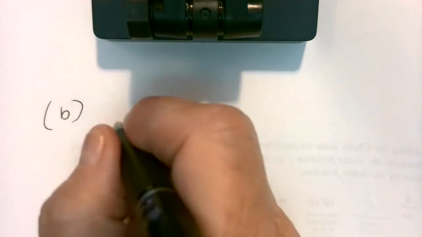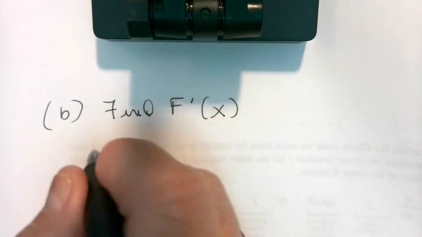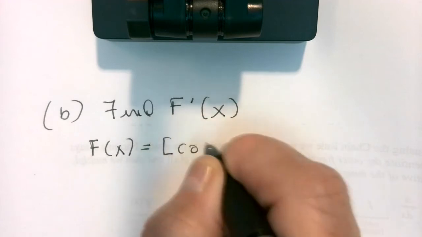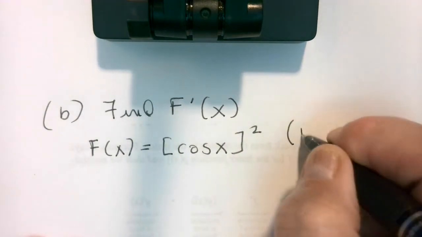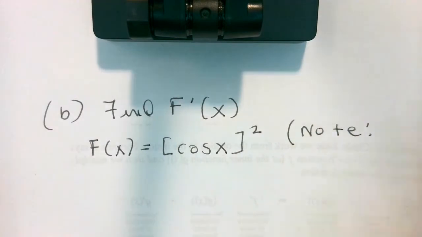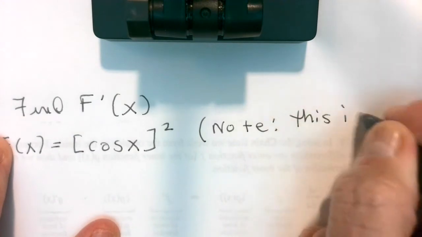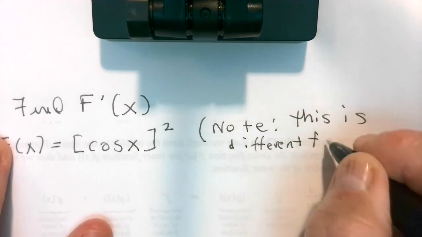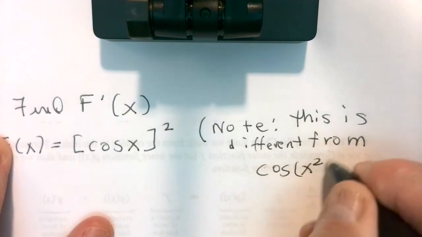Okay, so let's call this B. So find f prime x, big F prime x, and f of x is equal to cosine squared x. Now, this is different from cosine of x squared, which is the first problem we did.